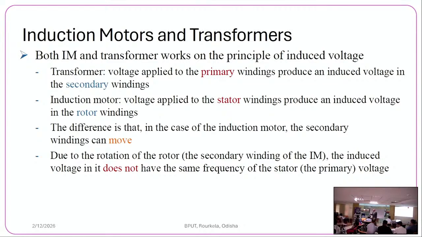So input has to be given to the shaft. If mechanical power input is given at the shaft in the form of torque, which drives the rotor at a speed higher than the synchronous speed, then it will act as a generator.